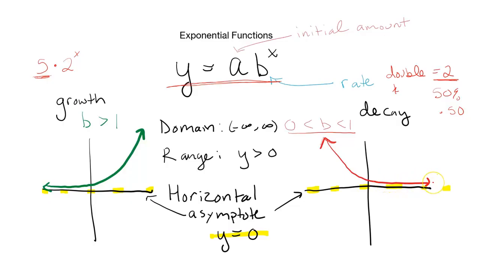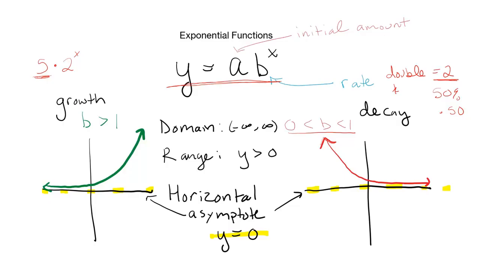You'll notice that neither one of these functions touch 0. I have a dotted line here on the x-axis. That is what's called a horizontal asymptote, and that's at y equals 0. Exponential functions cannot touch the x-axis unless it has been shifted up or down.